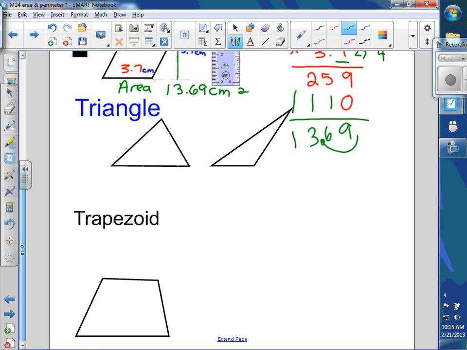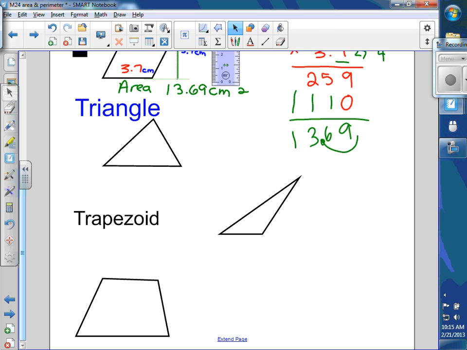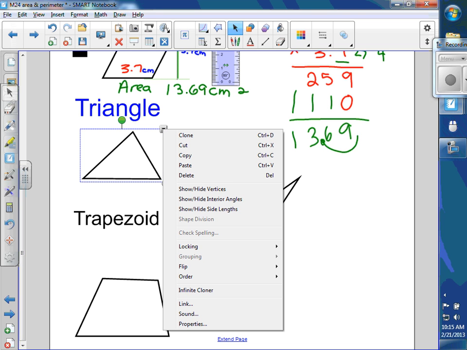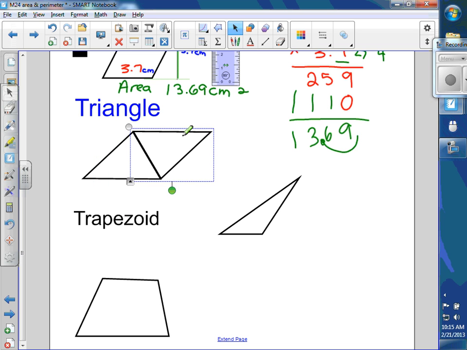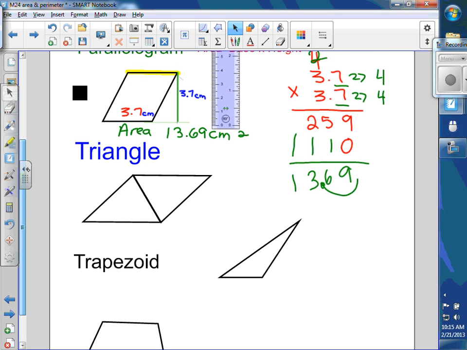Okay, so for triangles, and then we'll stop and do trapezoids later. Remember that triangles, if you clone a triangle and rotate it, together, it makes what? A parallelogram, right? Do you guys see that?